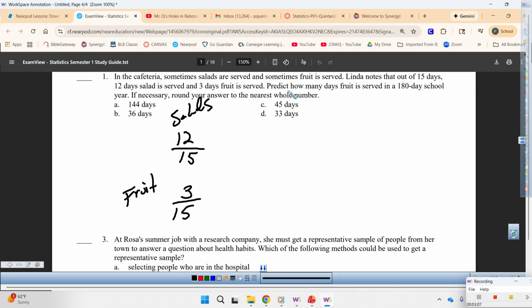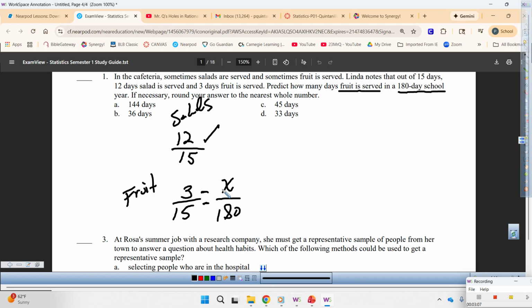So the question is, predict how many days fruit is served in a 180-day school year. So that means we need to make a proportion. Do we use the first fraction or the second fraction? Second, because it's for the fruit. So we put equal to. We know that it's 3 fruits for 15 days. How many days are they asking us to predict? Where does that go? On top or on the bottom? 180.